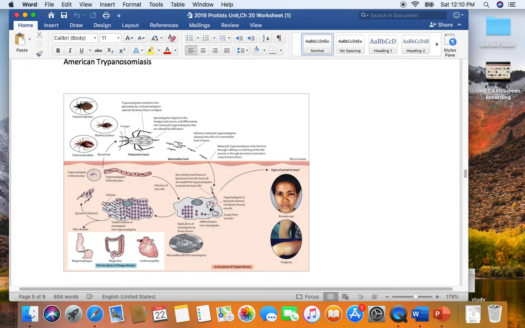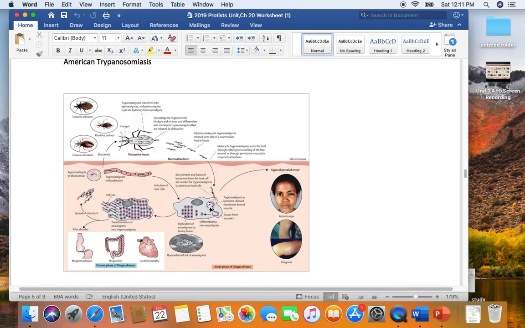Some folks might just have a mild fever, a little edema, lymph node swelling, but a lot of people are going to just spontaneously recover. However, one book said approximately a third of the folks may progress to the chronic form. In the chronic form, we're going to see nerve damage to the gastrointestinal tract, and as a result, we can have a condition called megaesophagus.